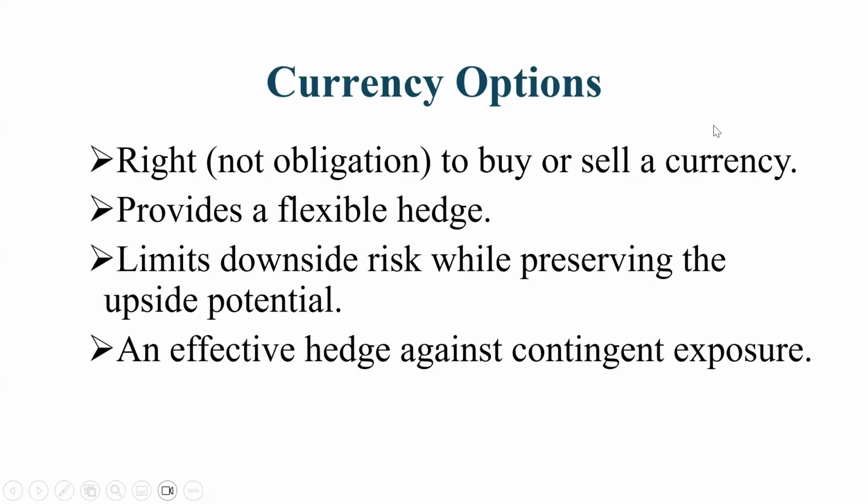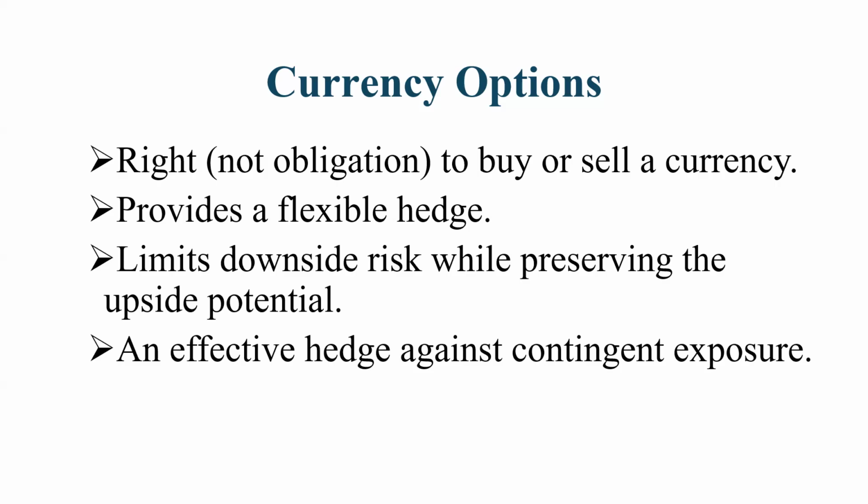Let's now consider currency options. A currency option provides a right, but not an obligation to buy or sell a currency. And currency options offer some advantages. For example, it provides a flexible hedge against exchange exposure.